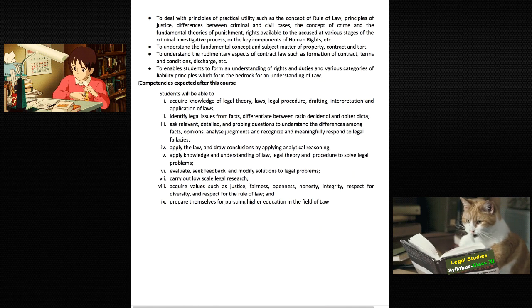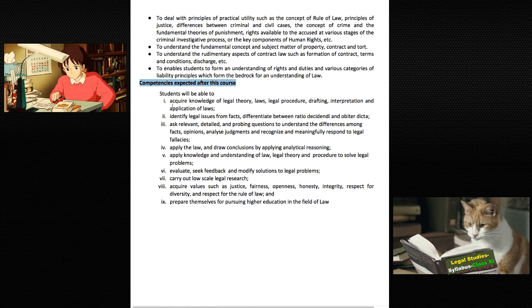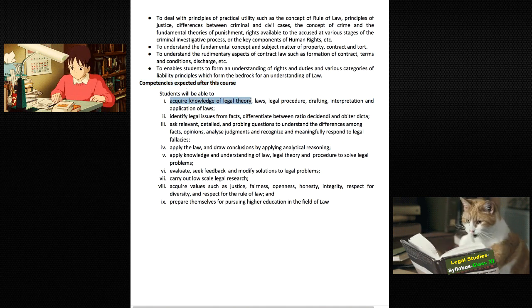The last one, that is the competency expected after this course. So what are the things you will come to know, you will learn, and the skills that you will add to your existing skills after the study of this course? That is, acquire knowledge of legal theory, laws, legal procedure, drafting, interpretation and application of laws.